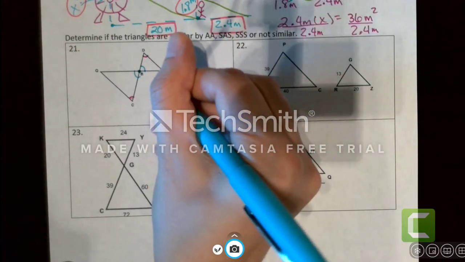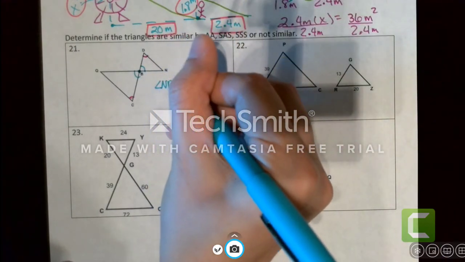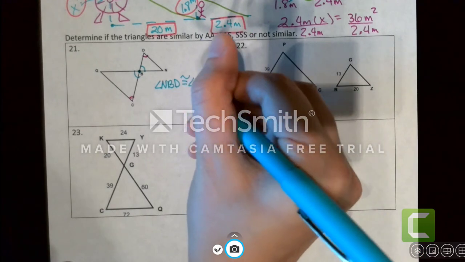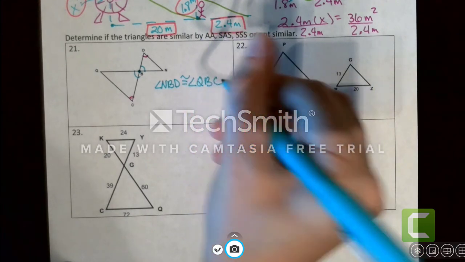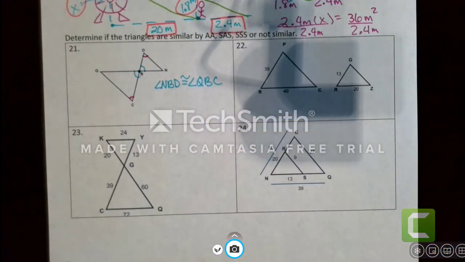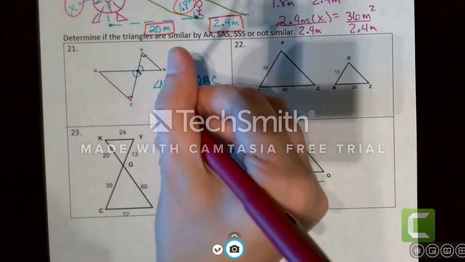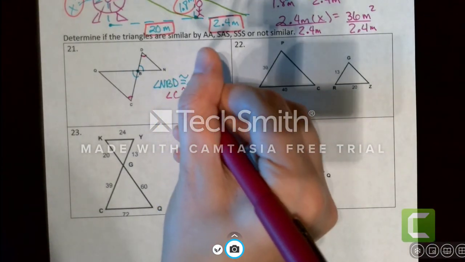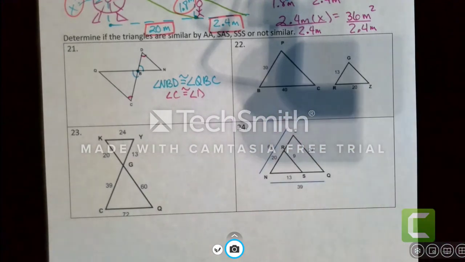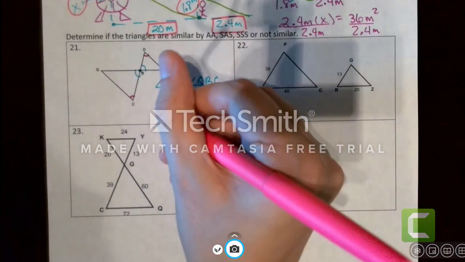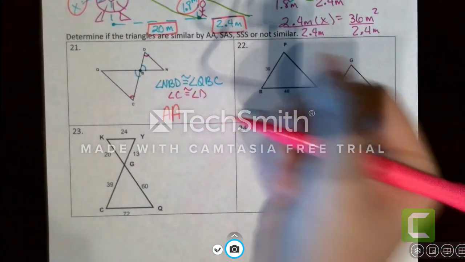So angle NBD is congruent to angle QBC, as well as angle C is congruent to angle D. Since I have two sets of congruent angles in these triangles, I can declare that they are similar by angle.